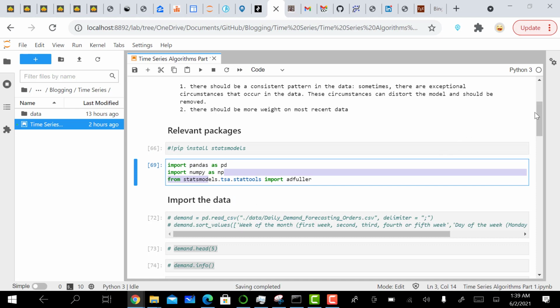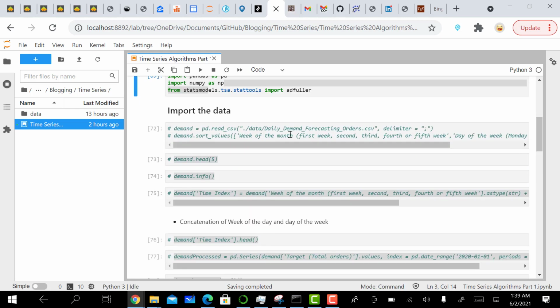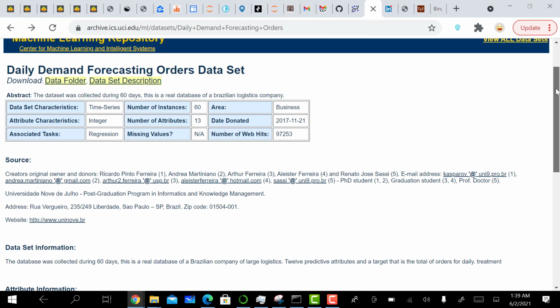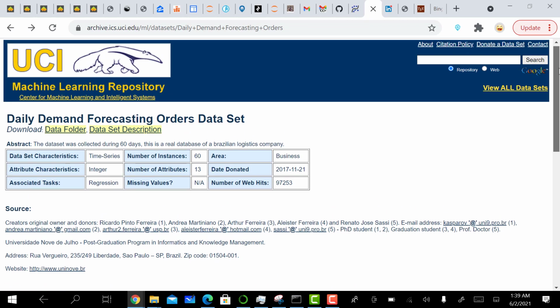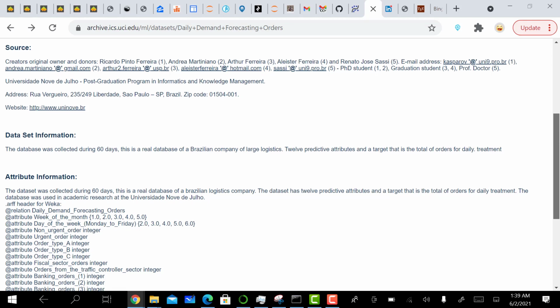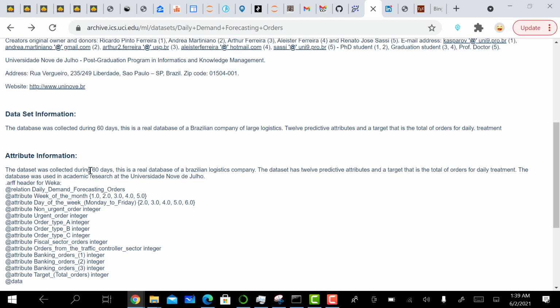All right. So we're going to be looking at forecast demand data. I got this from the UCI machine learning repository, and it's a data set that has been collected during 60 days.